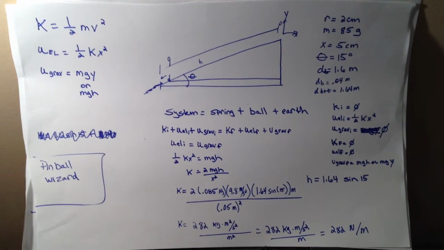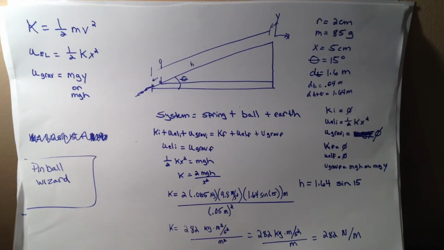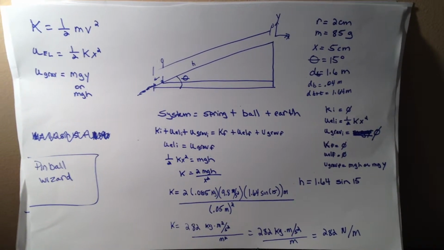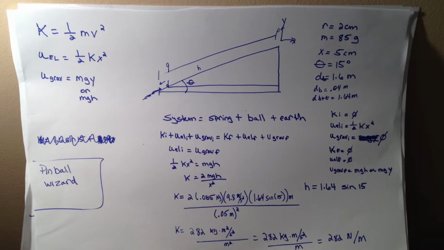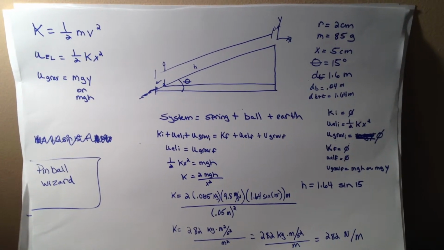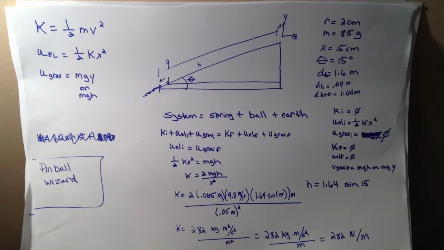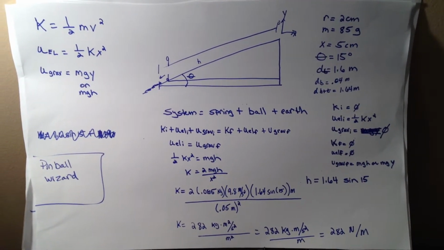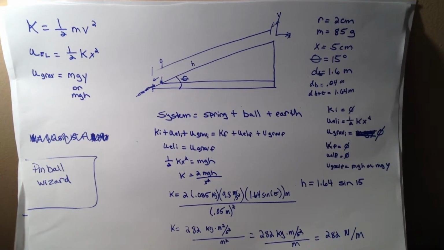What we're looking to find is this: when we pull the spring back and compress it and then release it, we need the ball to travel 1.6 meters up the table in order to get past its distance so you can play the pinball game. But we also have to add in the width of the ball, the diameter, which is 4 centimeters.